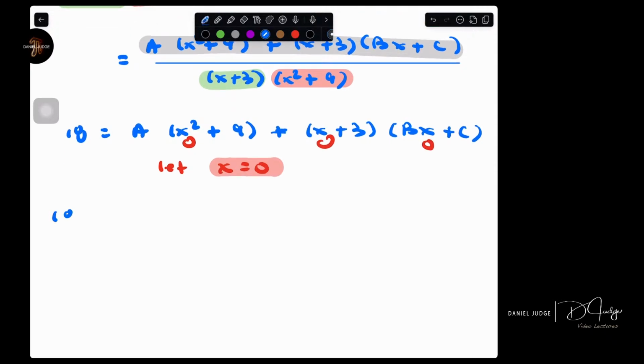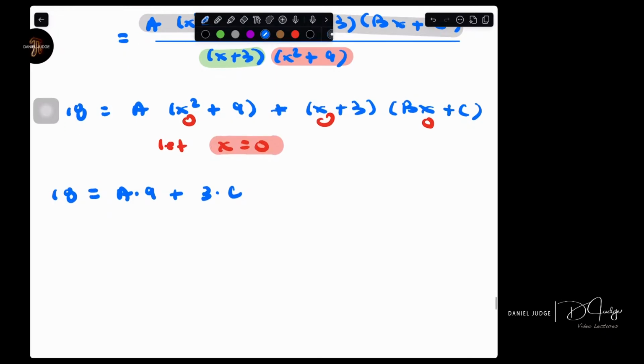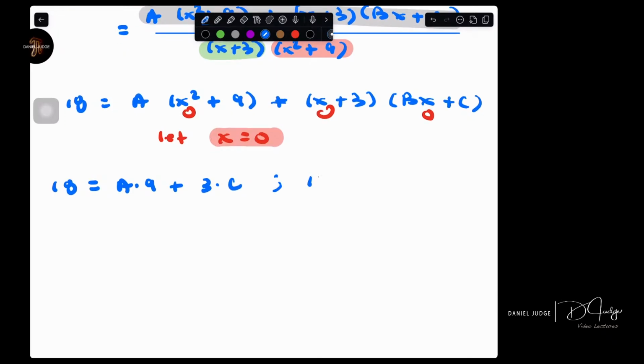We get 18 is 9a plus 3c. If I divide both sides by 3, we get 6 equals 3a plus c.